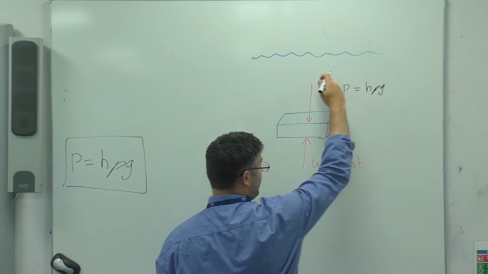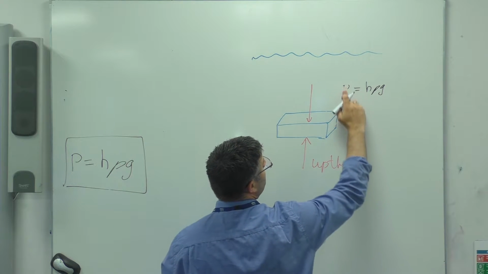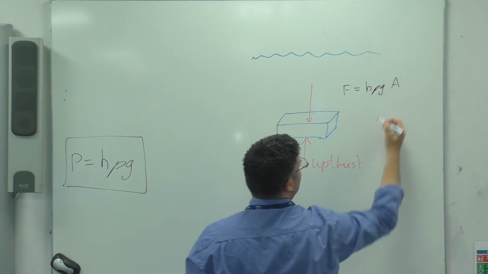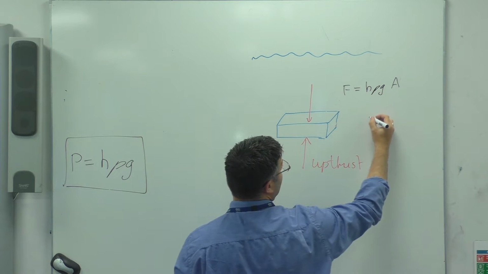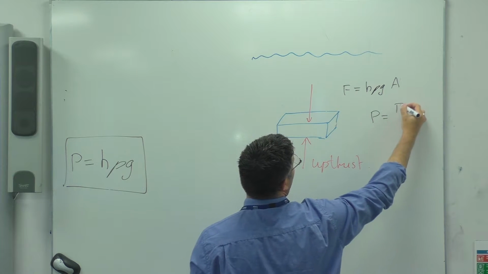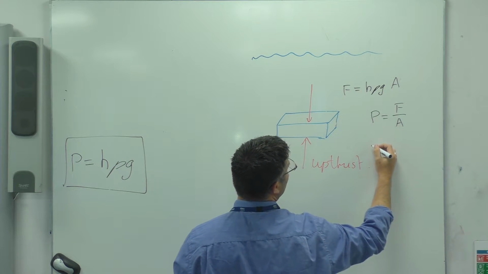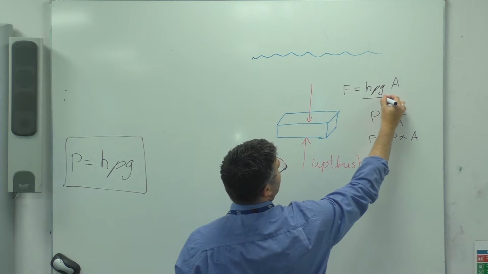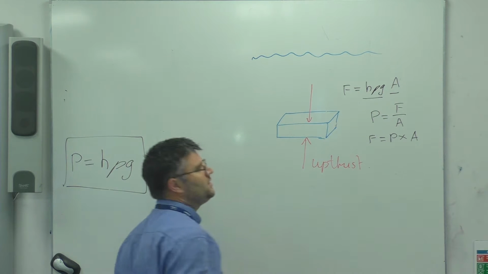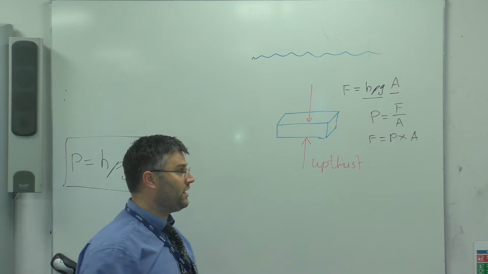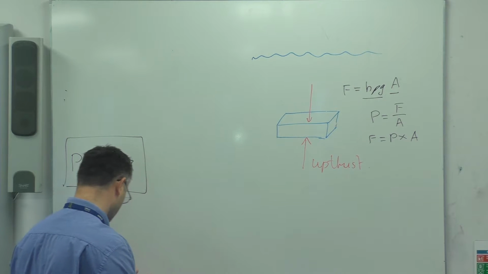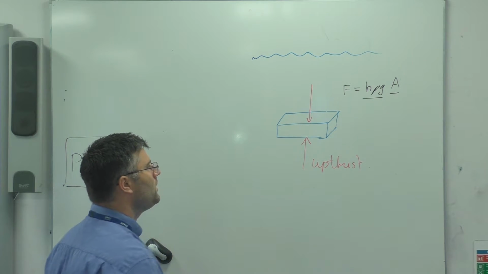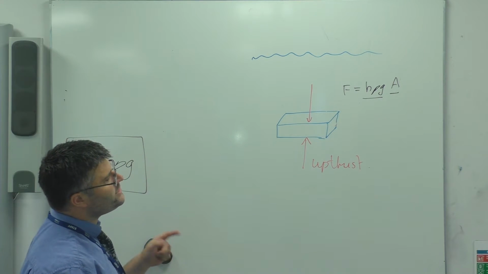The force acting downwards would then be equal to h rho g a, because pressure equals force over area, therefore force equals pressure times area. That's the pressure, there's the area. So just bear that in mind. So we've got a force downwards of h rho g a.